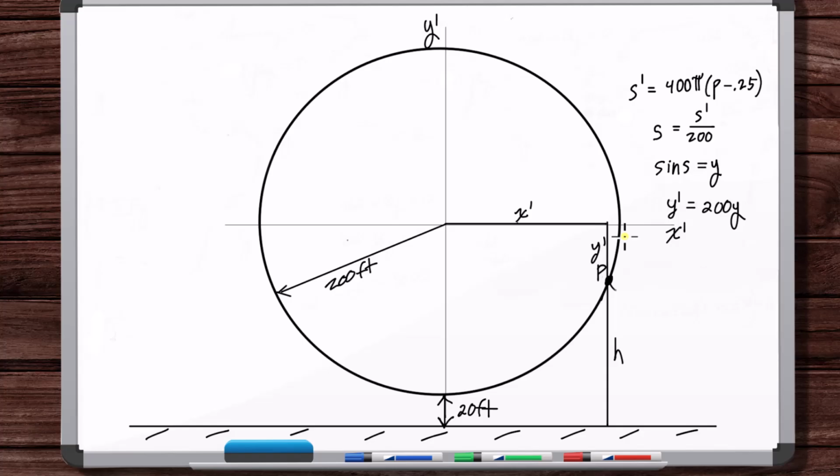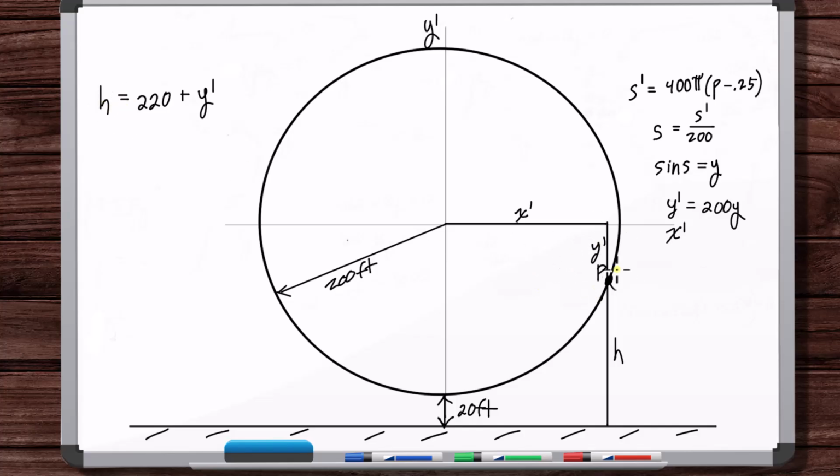Now, thinking about it from a point over here, here's y prime. What we want to do is take 200 plus 20 and add this value to that. So the formula is that 200 plus 20 is 220, and if we add y prime to that, that's going to give us h.